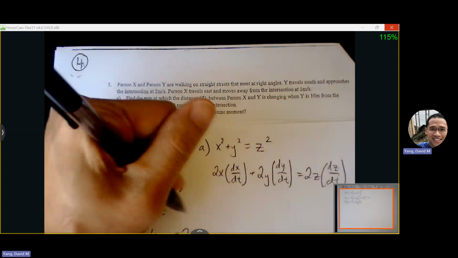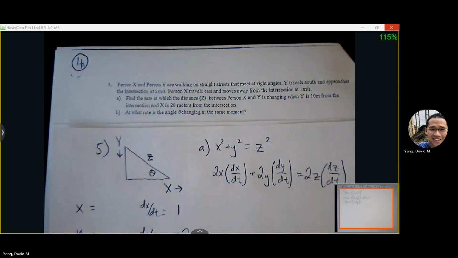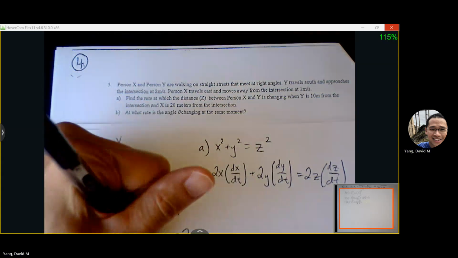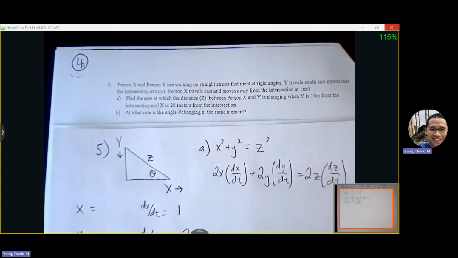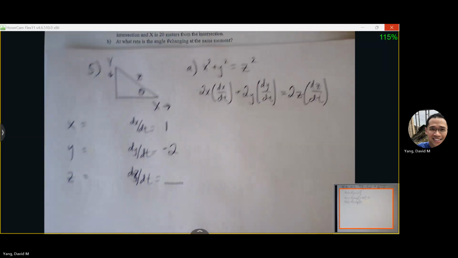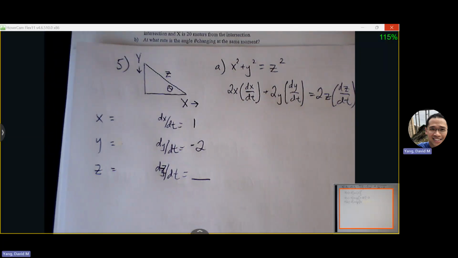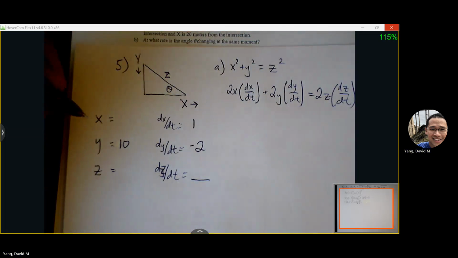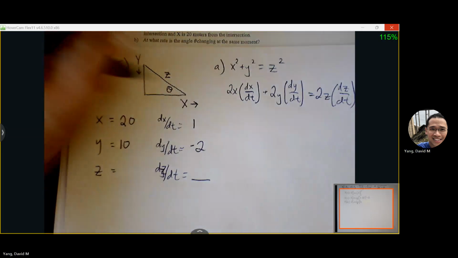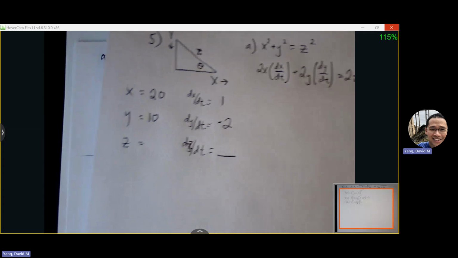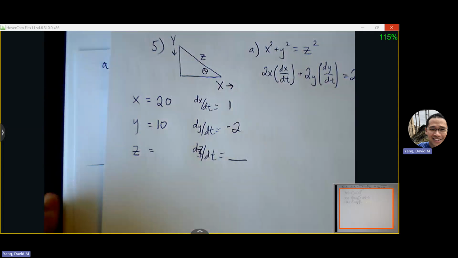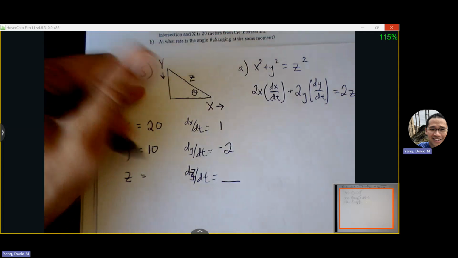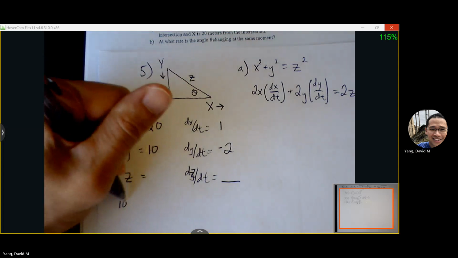So +1 for dx dt. Find the rate of change of z. So that's the unknown. And then when y is 10, x is 20, and then Pythagorean theorem can help us get to z. Right? It's not going to be a nice Pythagorean triple, so let's work this out.